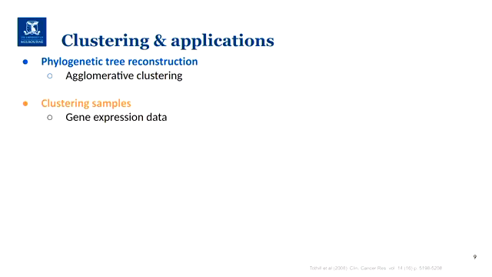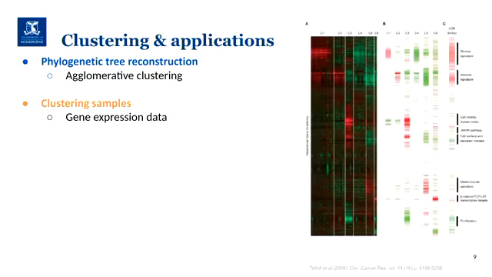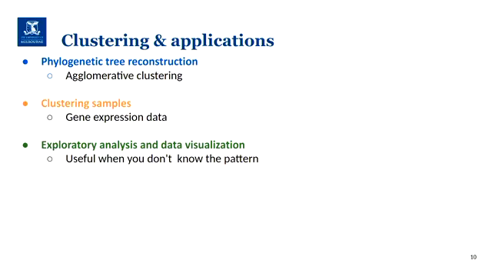There are other examples of clustering applications, for instance, clustering samples, which is quite common on gene expression data. Let's say you have different conditions in a panel of genes, and you want to cluster genes that have similar expression, that are more or less expressed. That will help you visualize what's going on between different conditions, so you can cluster them based on that value. You can do exploratory analysis or data visualization, which is quite useful when you don't know what the pattern looks like.